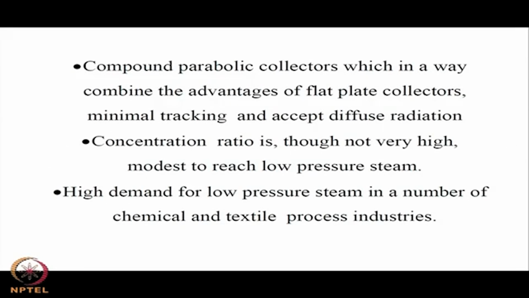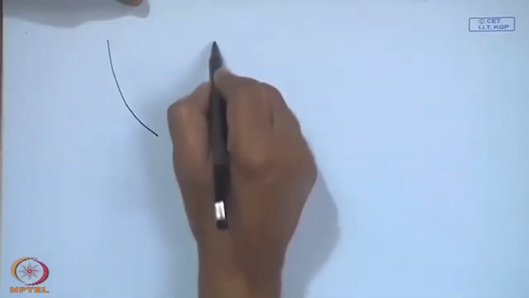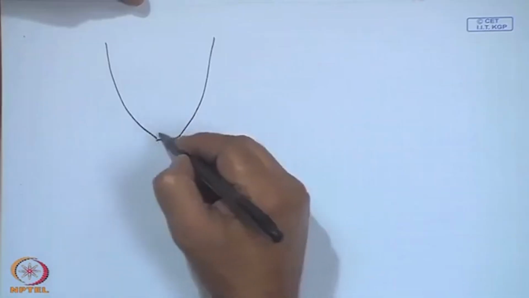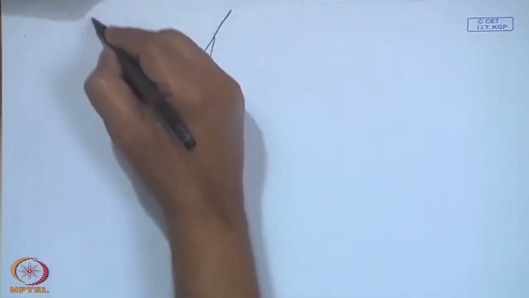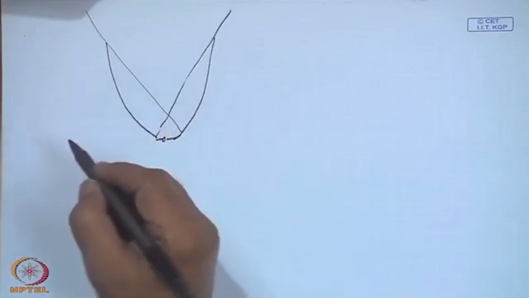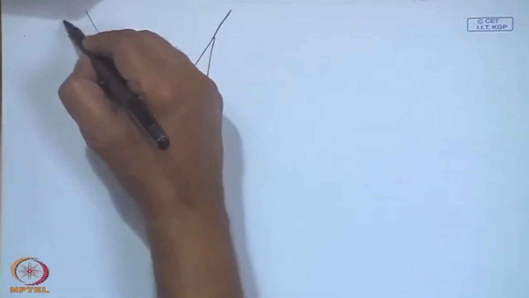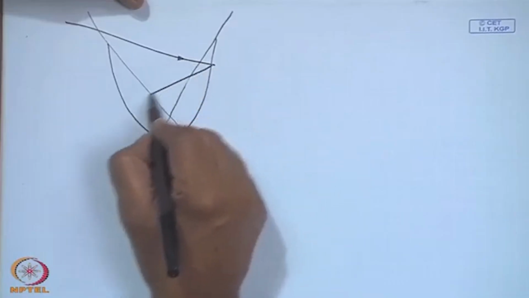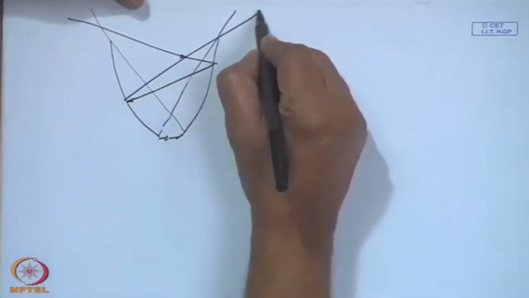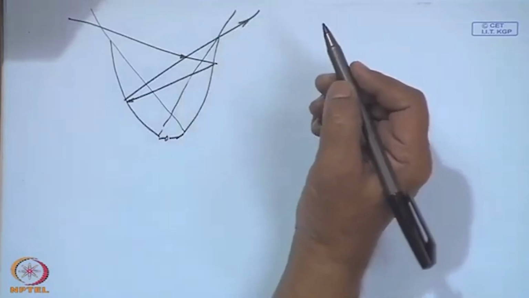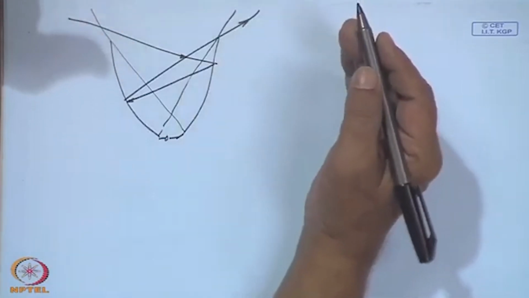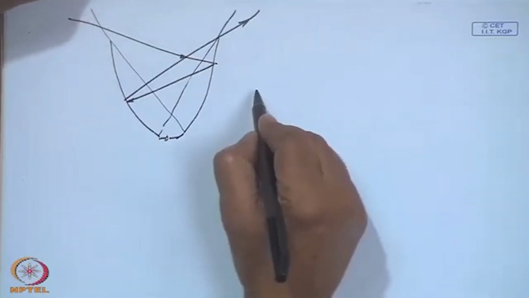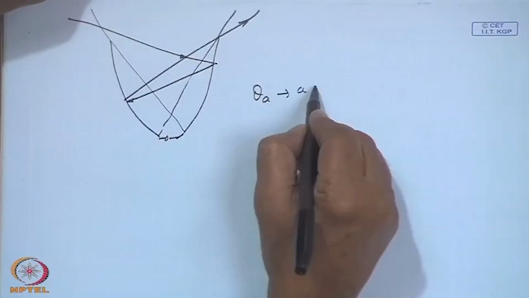Then the significance of the acceptance angle: any ray coming beyond this will have multiple reflections and get out of the compound parabolic collector. Consequently, that theta A is called the acceptance angle.